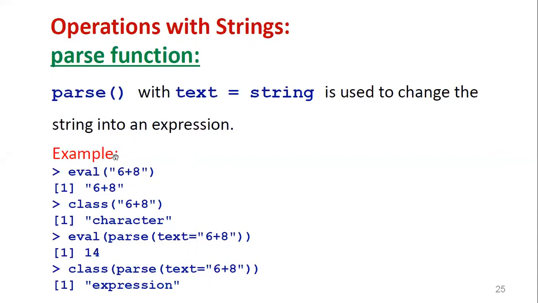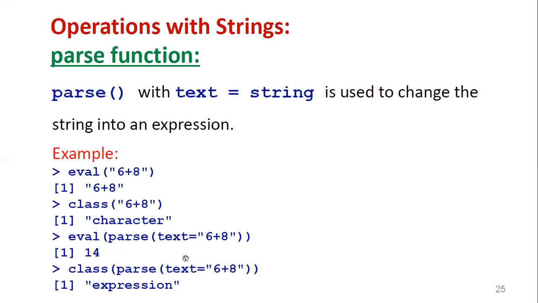EVAL within double quotes 6 plus 8. Now this is a string, it displays as a string only. You can use the class function, the class of the string, it displays its mode as character. If you evaluate by using parse inside the evaluate function, parse within parentheses, text equal to a string, text equal to 6 plus 8.